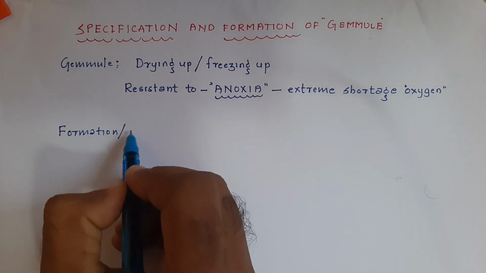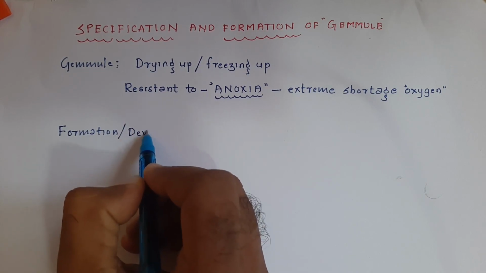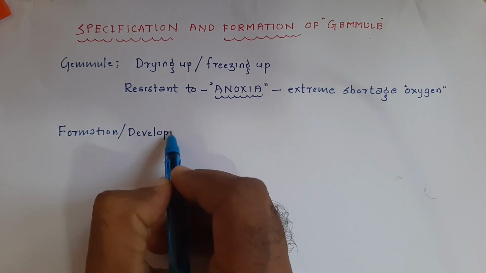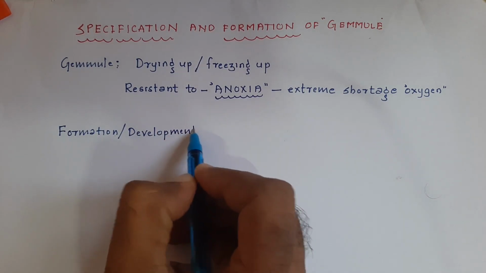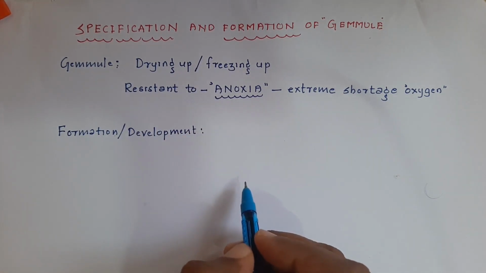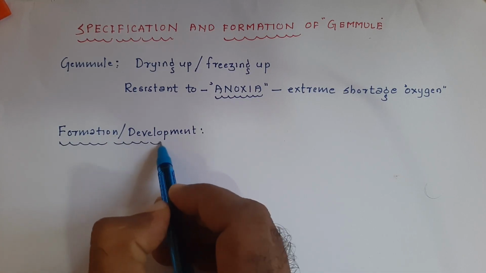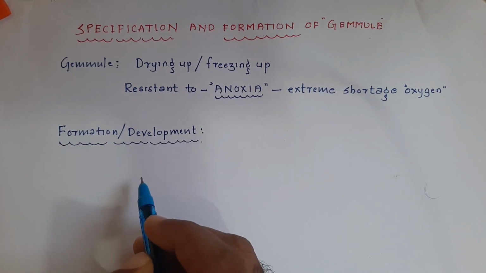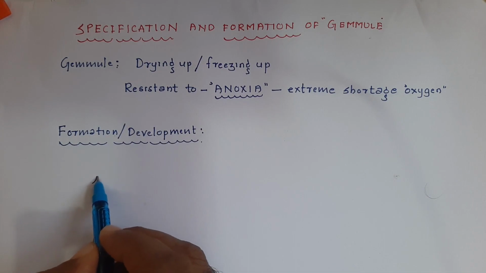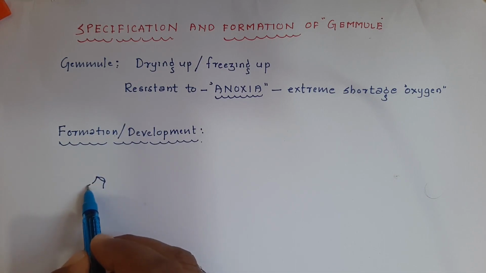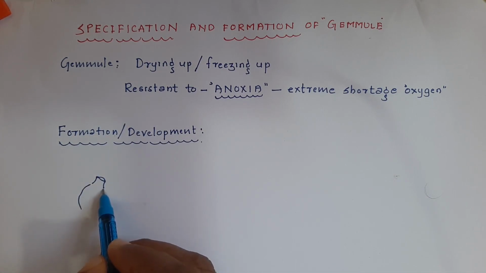Now, formation and development of gemmules. Dear student, we have already known that gemmules are asexual reproductive structures in sponges.